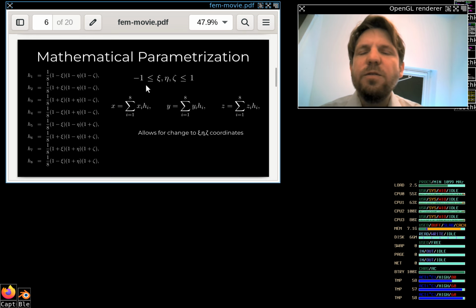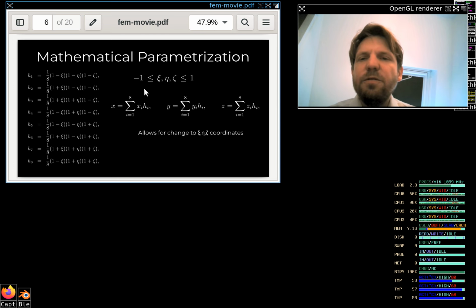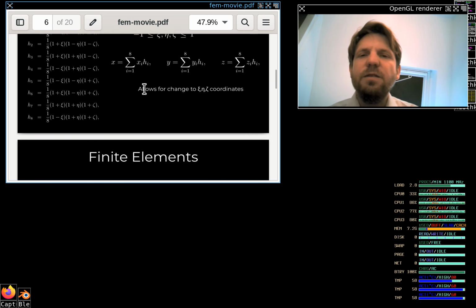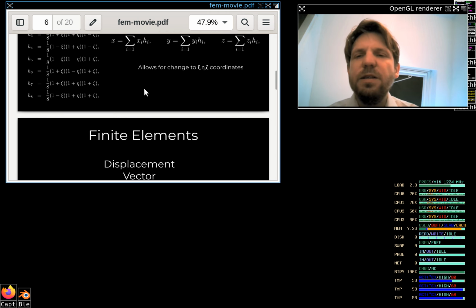Using this transformation. Okay, that's the way it is. So if you understood this, you basically already have half of finite element theory understood. That's the way it is, or at least static finite element theory.